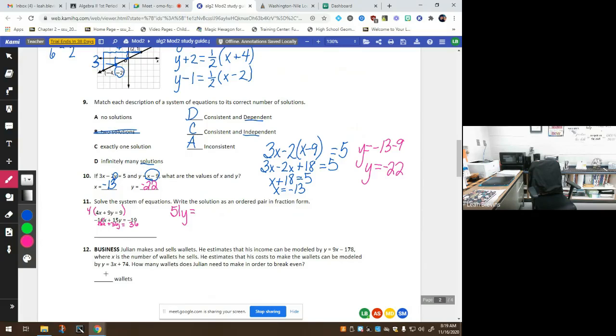36 plus 15 is 51. 36 minus 19. Let's see here. 19, 20, 16, 17. We have a whole basket of calculators right next to you.